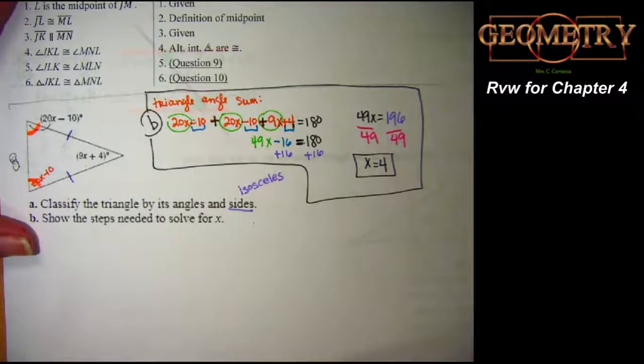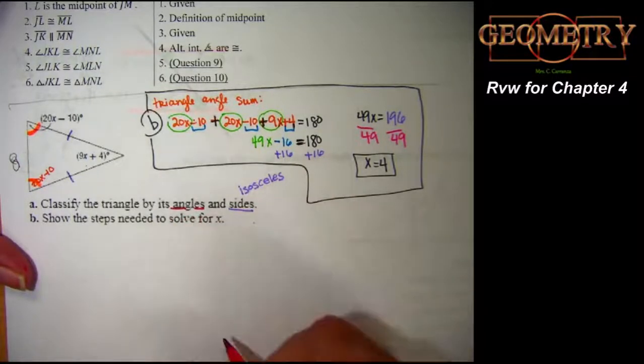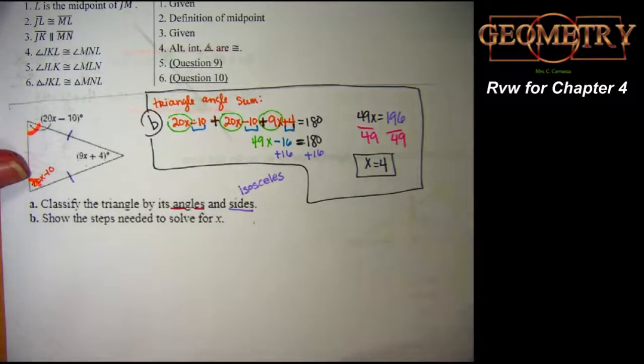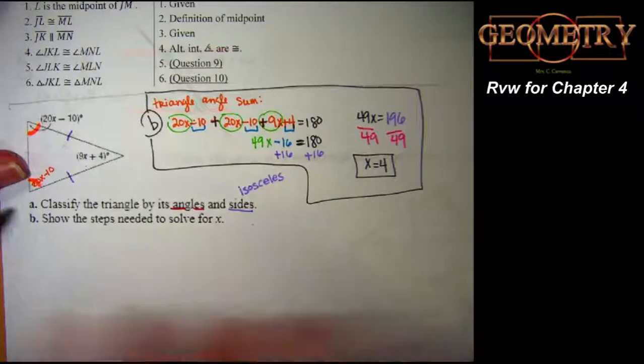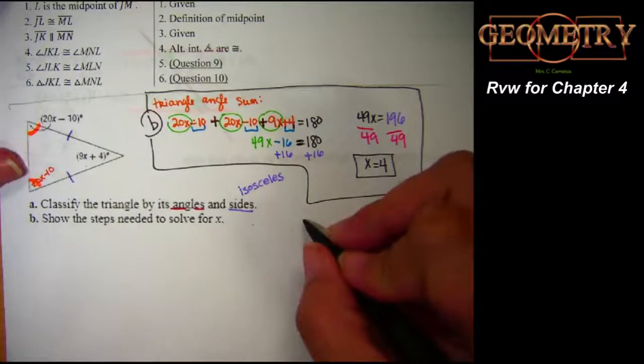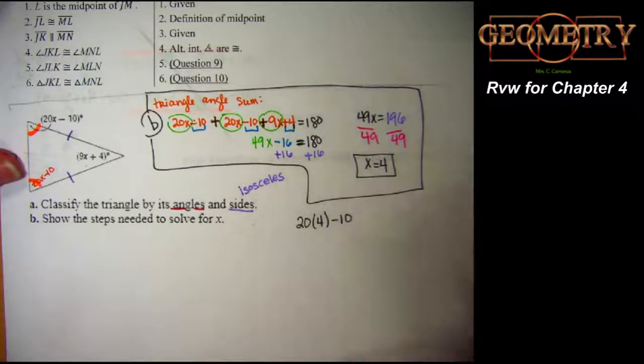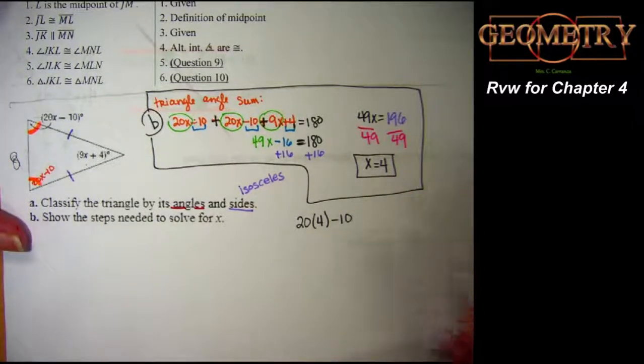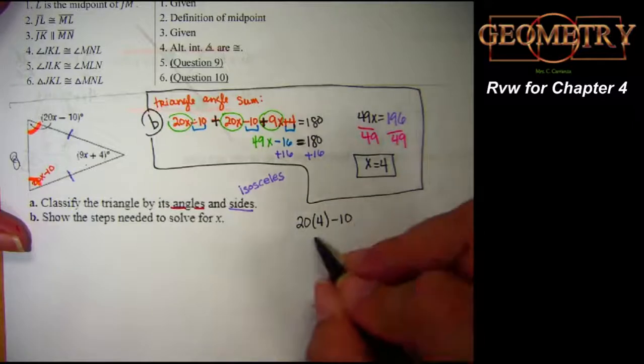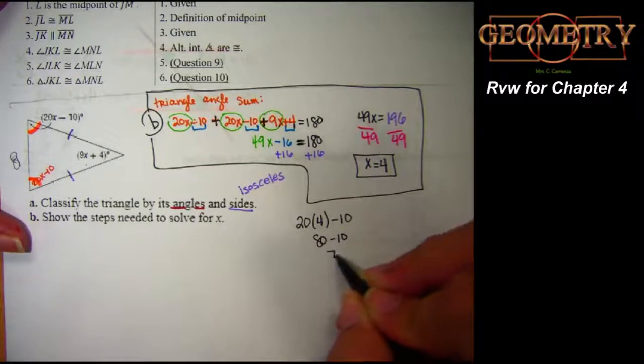But now I need to go back up and classify this thing by its angles. So that's going to require me to substitute in and figure out the measure of each angle. 20 times 4 is 80. 80 minus 10 is 70.